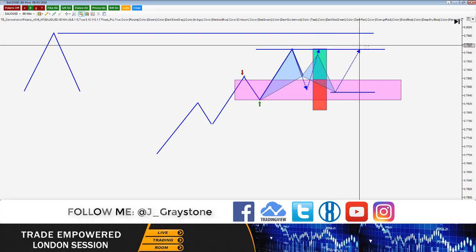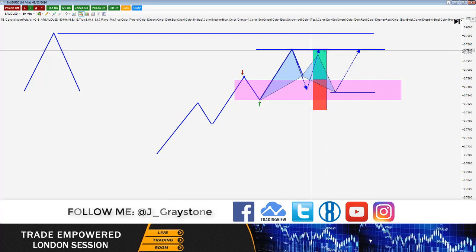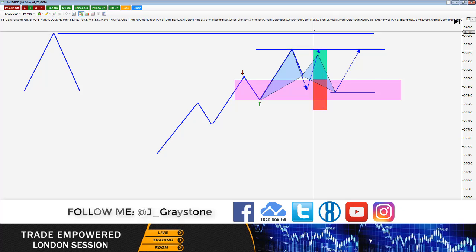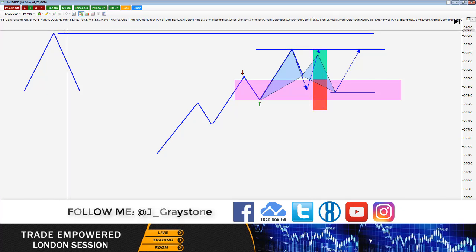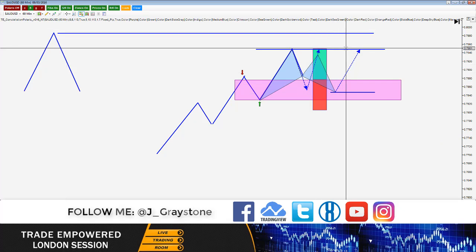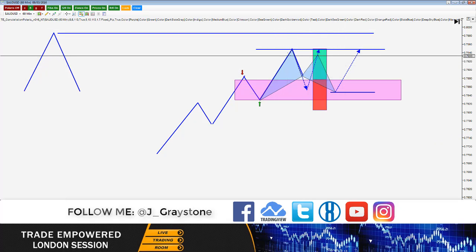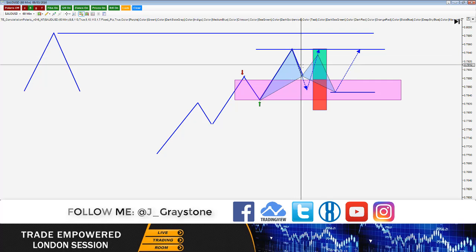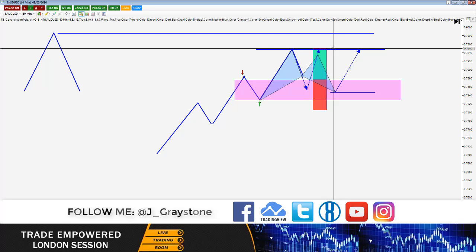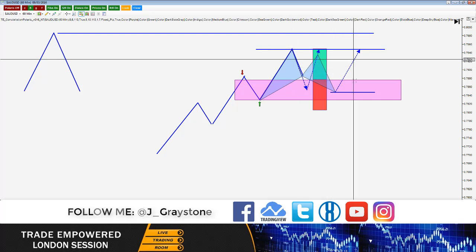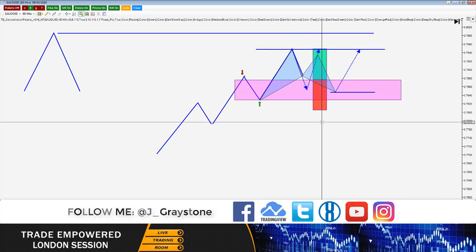I change the target positioning for a retest of the A leg for target 1s, okay, and I shoot for extended targets if we've got room to move. Okay, if we haven't got room to move, I take my entire position off at the top. If we've just retested a previous high and we've pulled back, I'm always expecting a retest of that high, because we tend to get double tops and double bottoms more often than we don't.